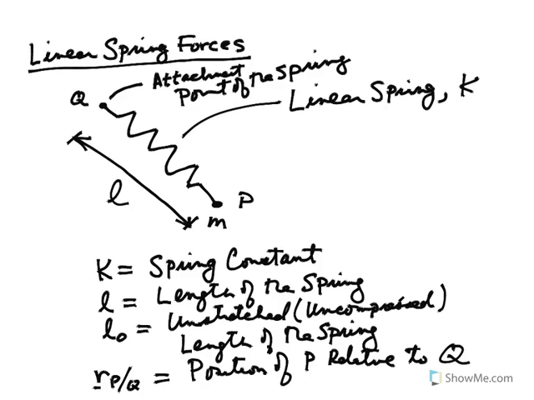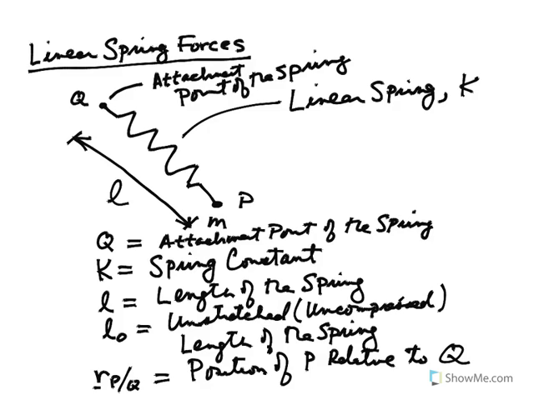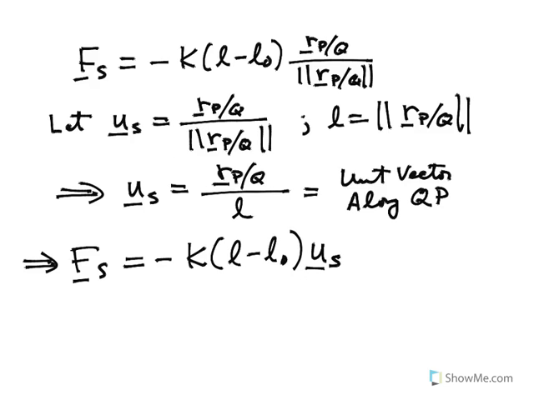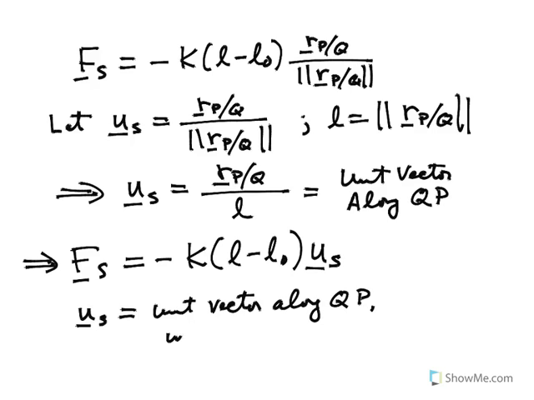So I can actually add that in up here if you want. Q is equal to the attachment point of the spring. And so therefore, US is the unit vector along QP, where Q is the attachment point.